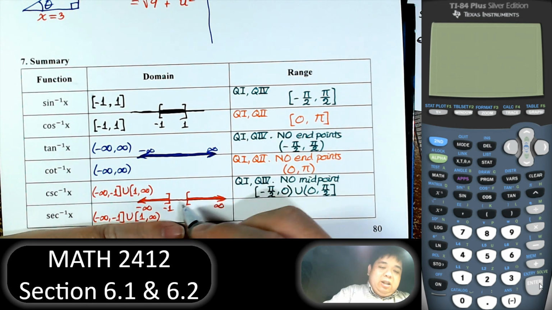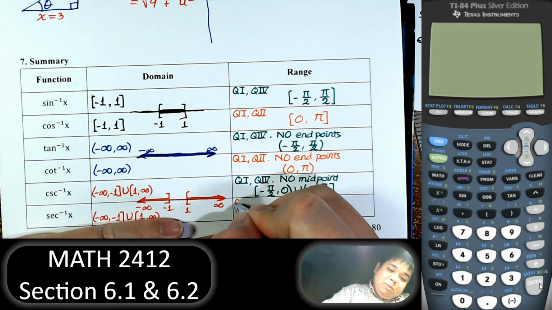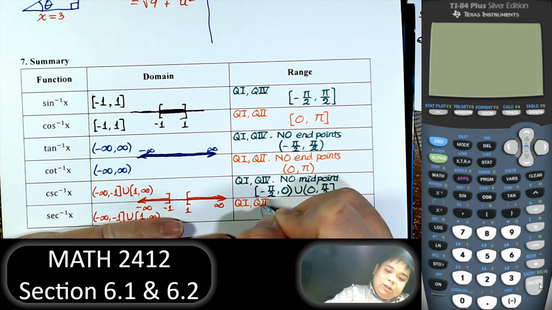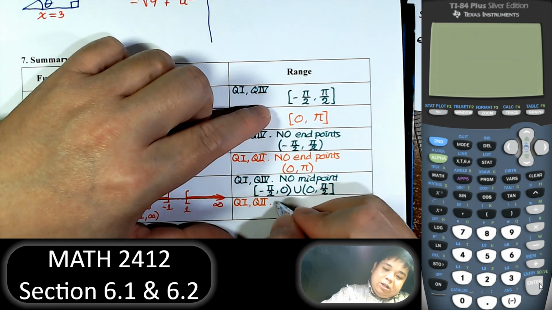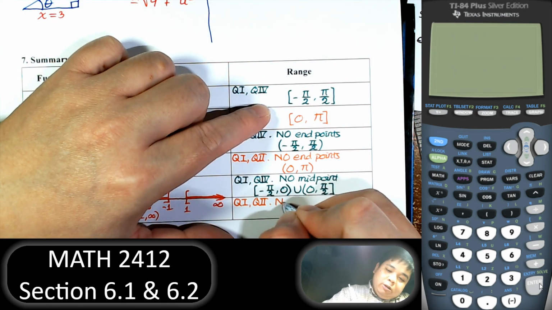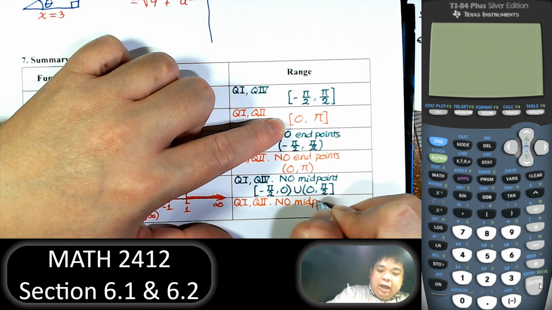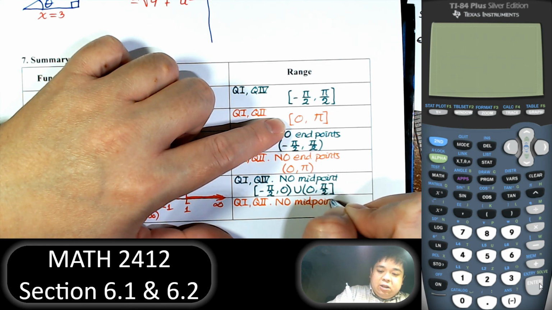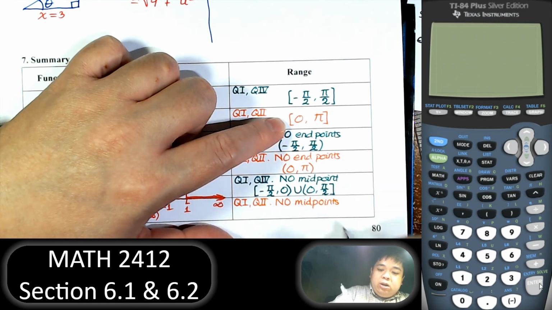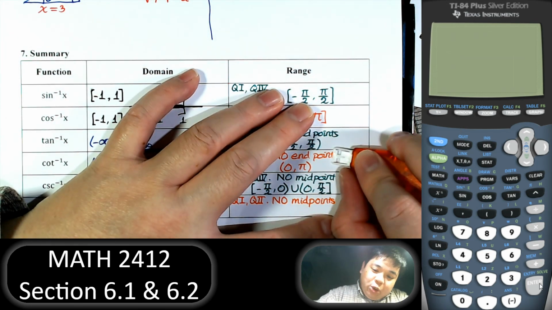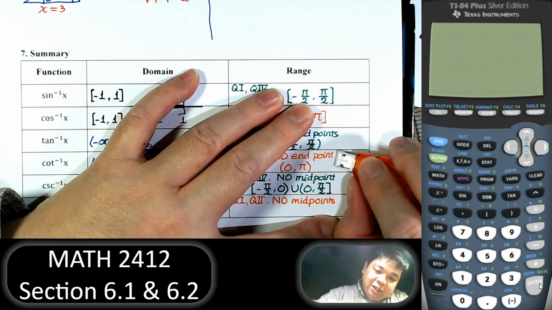And finally, secant inverse will be similar to cosine, also in quadrant 1, quadrant 2. And there's no midpoint. So cosecant and secant inverse, there's no midpoint. Actually, just one midpoint. There are two endpoints, but one midpoint.